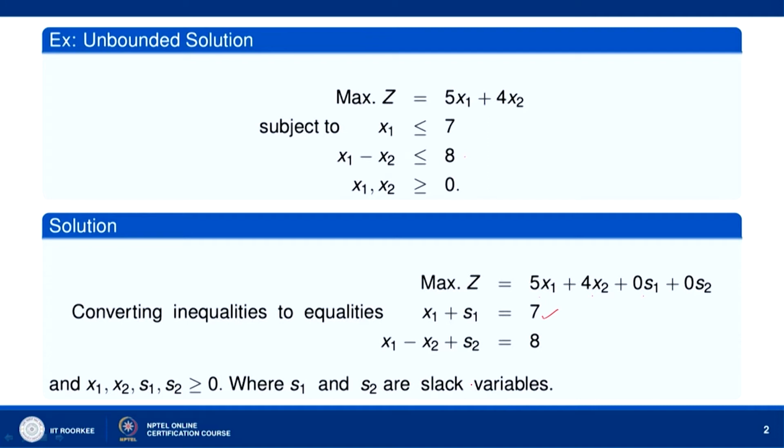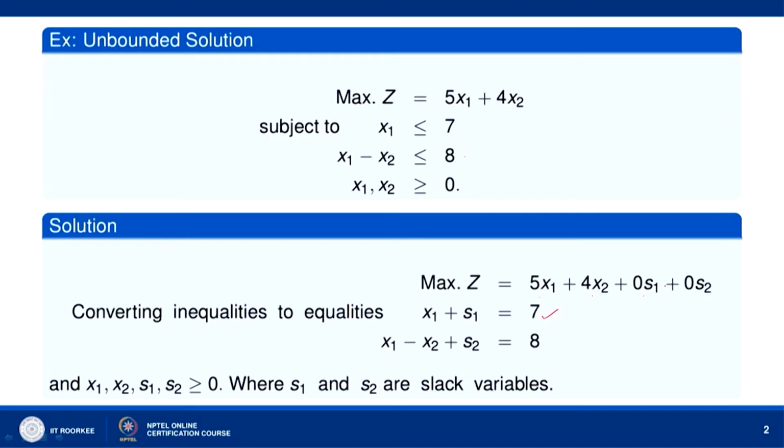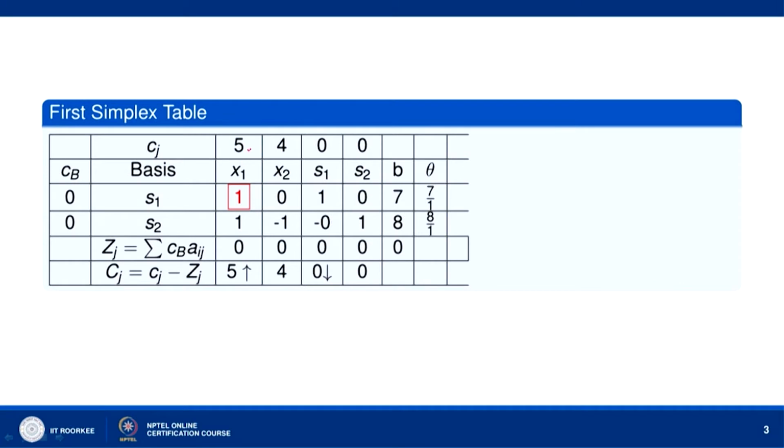Now, let us write the corresponding first simplex table. So, we will have the simplex table as Cj row contains the coefficients of the variables in the objective function. So, 5 4 0 0, they are the coefficients of x 1 x 2 s 1 s 2.